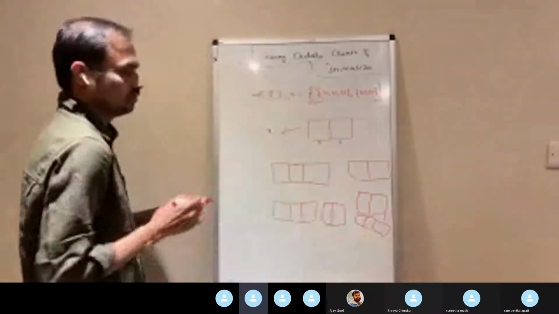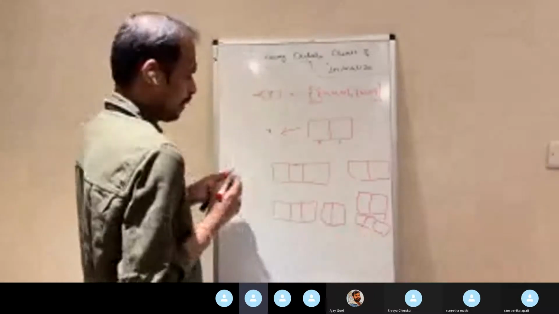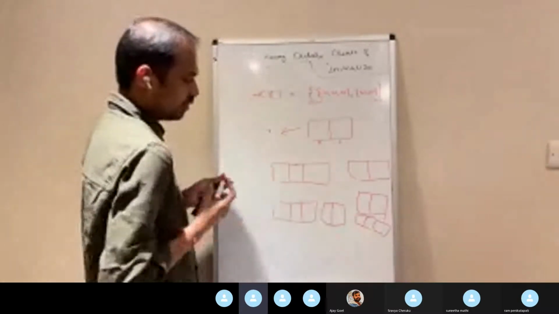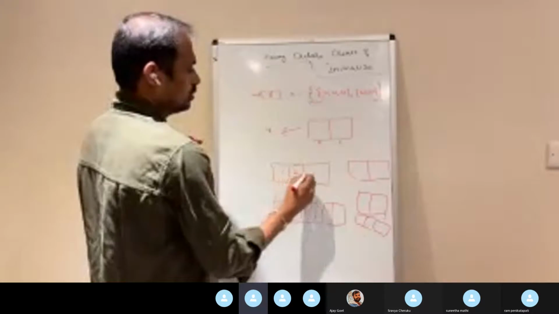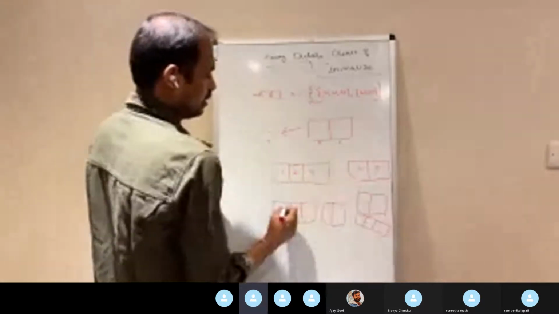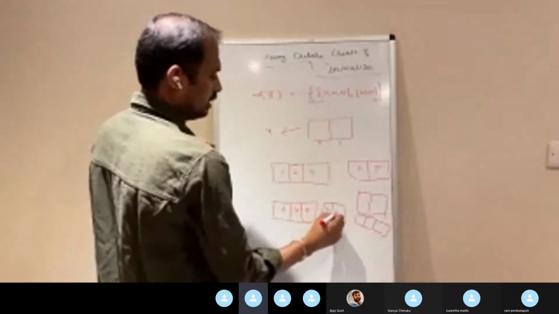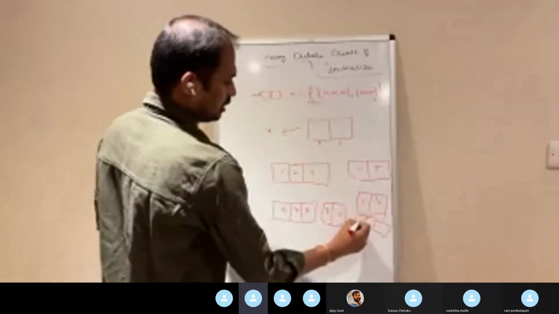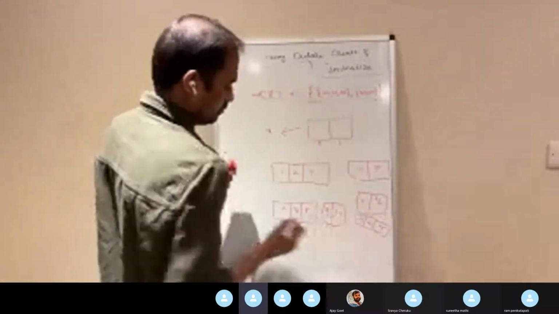Can you tell me now, how are you going to write this one? 1, 2, 3, 4, 5, 6, 7, 8, 9, 10, 11, 12, 13, 14, 15.